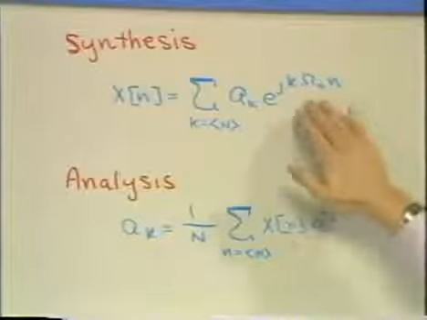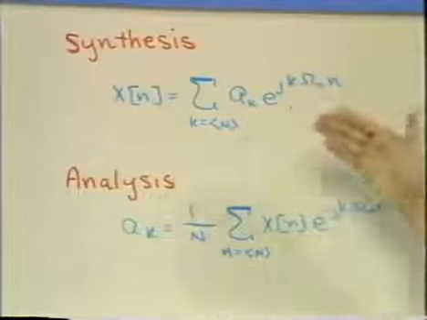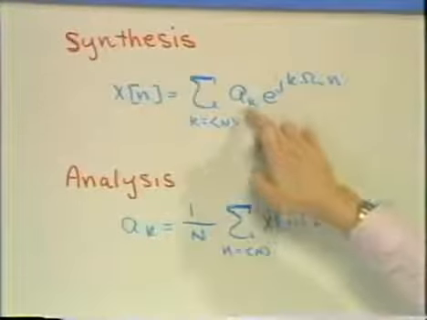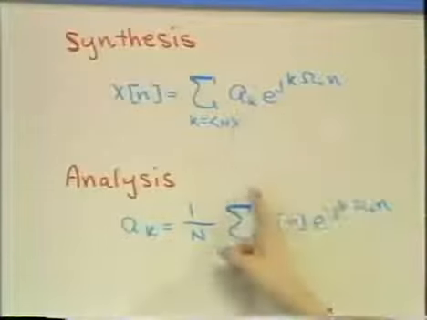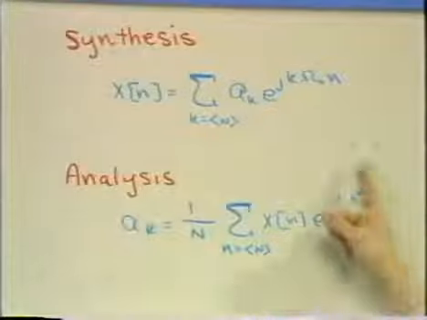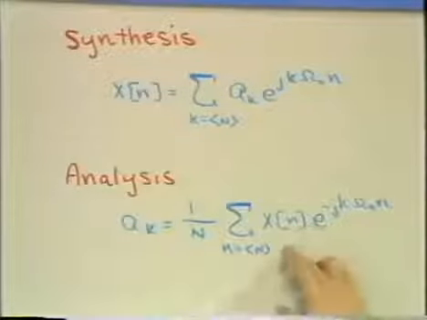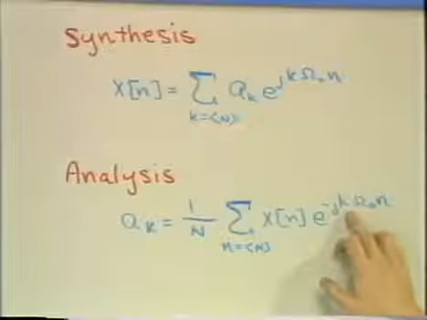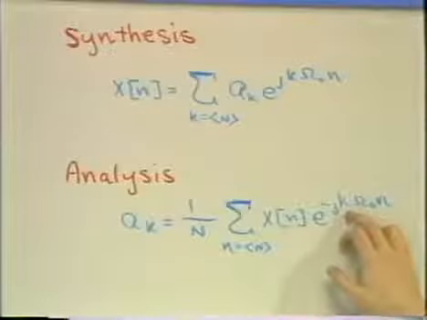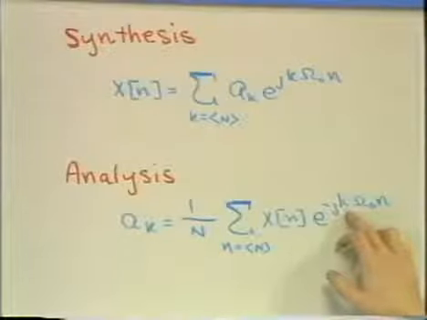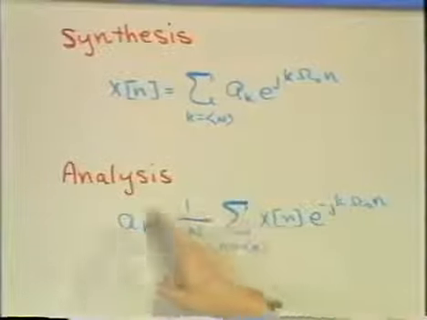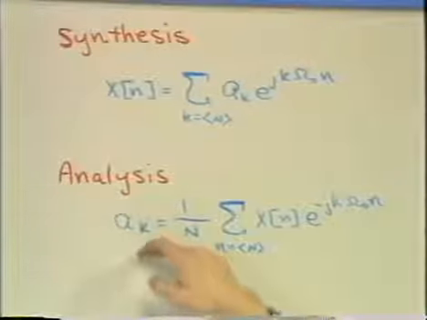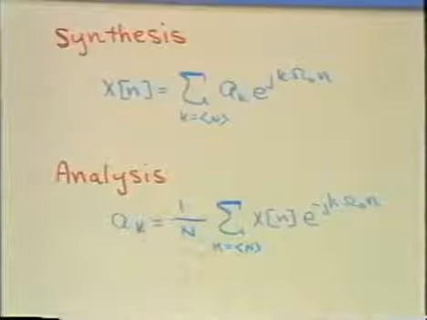And because of that, we're imposing, in a sense, the interpretation that the a sub k's are likewise a periodic sequence. And in fact, if we look at the analysis equation, as we let k vary outside the range from 0 to N minus 1, what you can easily verify by substitution in here is that this sequence will, in fact, periodically repeat.